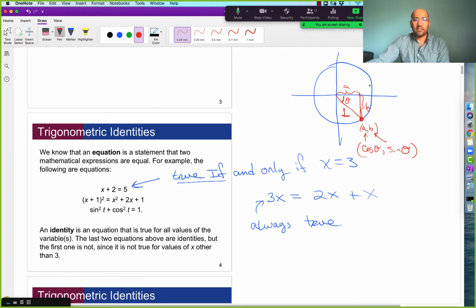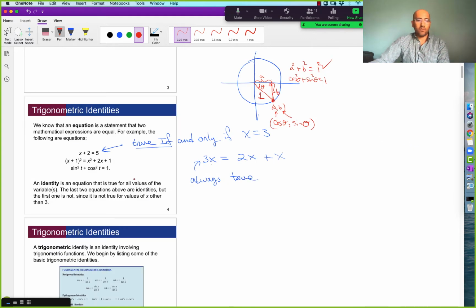This extends from a squared plus b squared equals 1 squared, where this is cosine squared theta plus sine squared theta equals 1. So the Pythagorean theorem is always true for any value of a and b, and in this case, the hypotenuse is always 1. So this is always true.